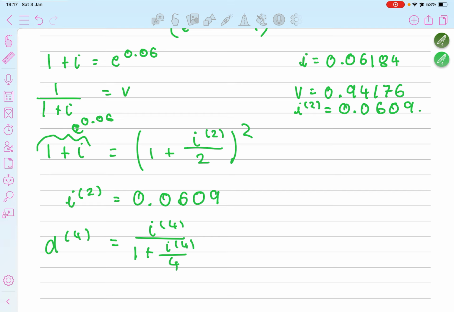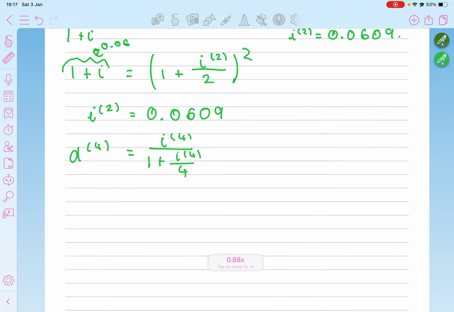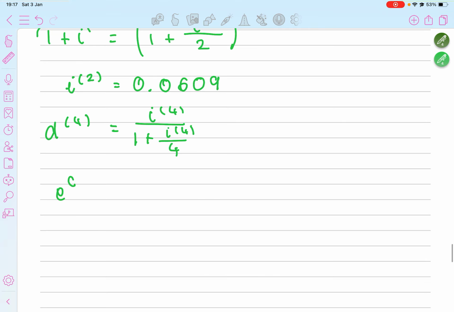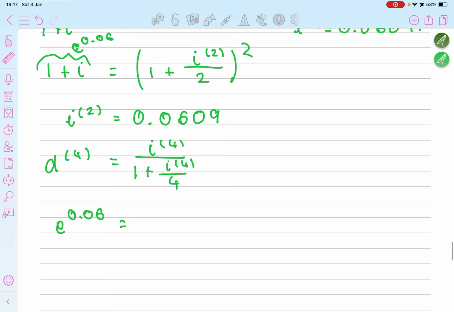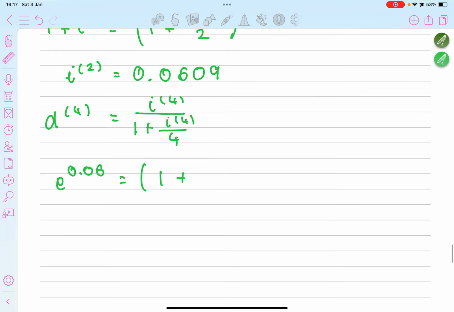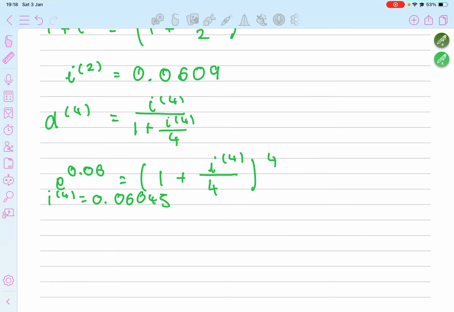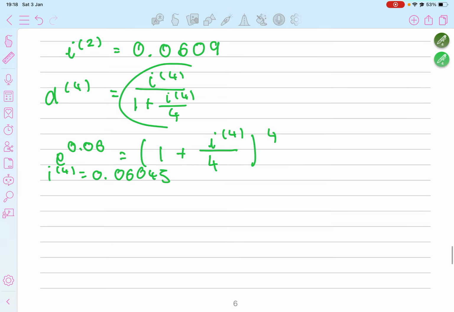So I'll write it out again. e to the 0.06, because that's just 1 plus i, is equal to 1 plus i4 over 4, to the power of 4. So the fourth root of e^0.06, minus 1, times 4. So i4 is equal to 0.0645.